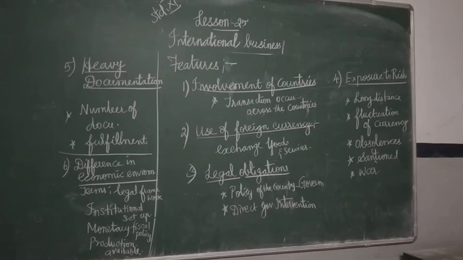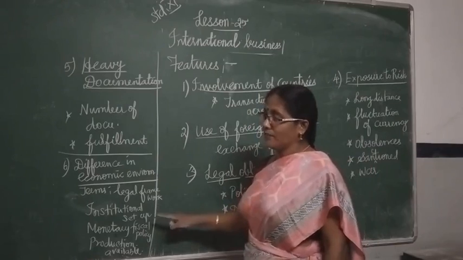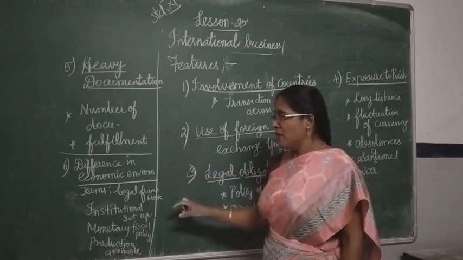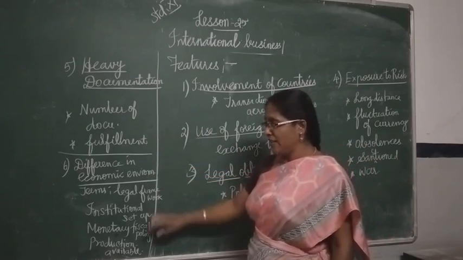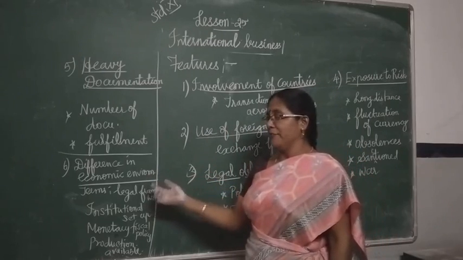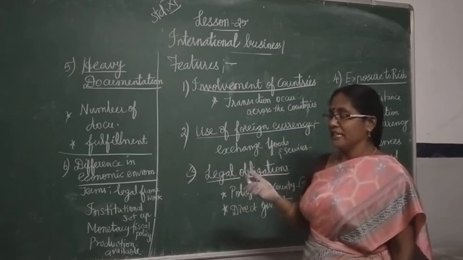So the economic environment of countries involved in international business differs significantly in terms of legal framework, institutional setup, monetary, physical and commercial policy, resource availability, product and technique availability. These are all the things we will take into account in international business. So we have to satisfy all the conditions. Then only we can do the business. Because the economic environment is different from each and every country.